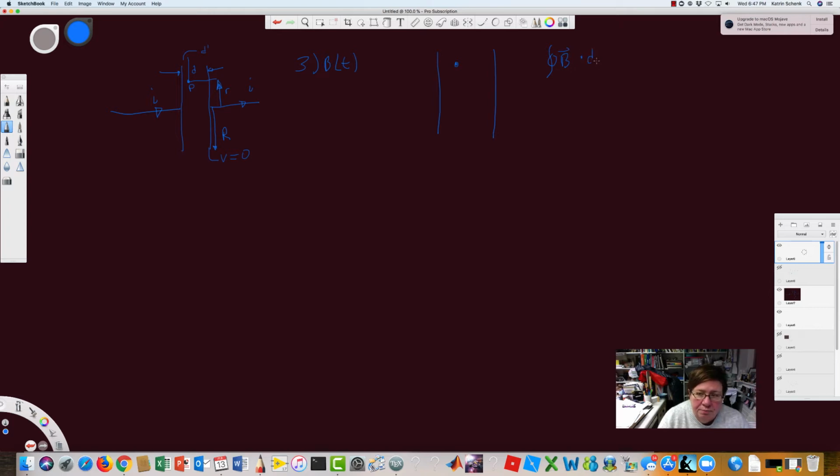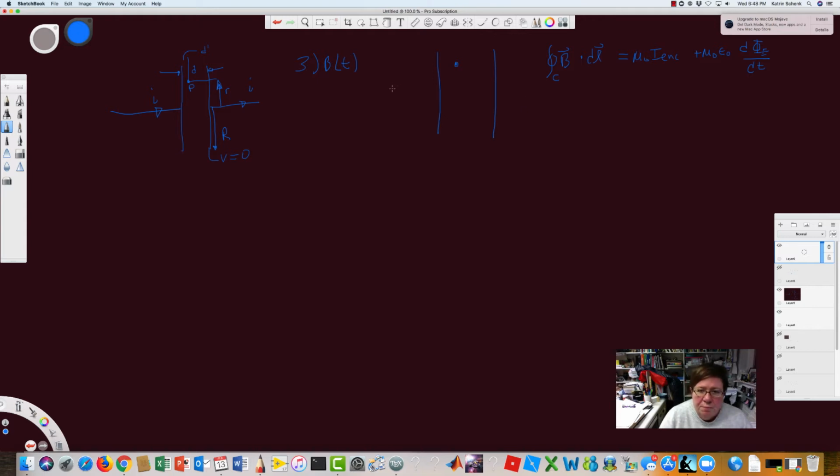So remember, it's the integral of B dot dl, along this closed curve C, which we haven't defined yet in our problem, is equal to mu 0 times the I enclosed plus mu 0 epsilon naught times the change in the electric flux through the surface bounded by that curve. Okay. All right, so now we've got to figure out what curve to use.